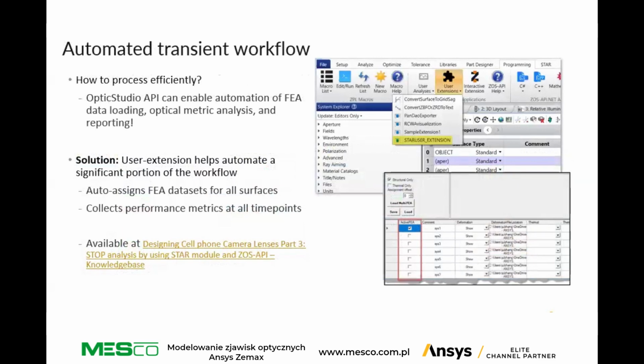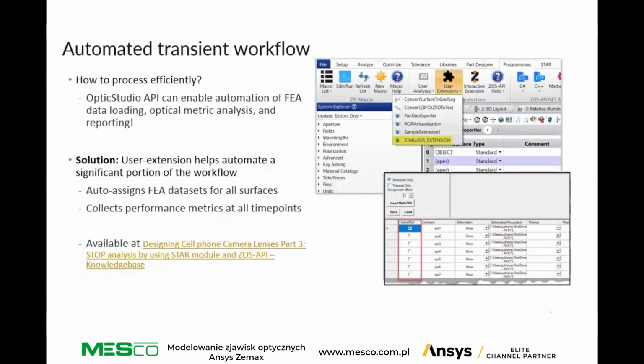And well, we have seen that to analyze the thermally induced structural deformation, we have loaded something around 14 data sets, and we have assigned them to the lens surfaces in the system for each thermal condition.